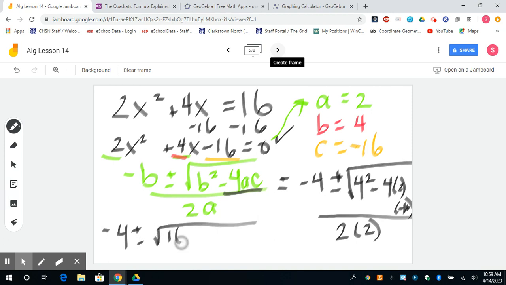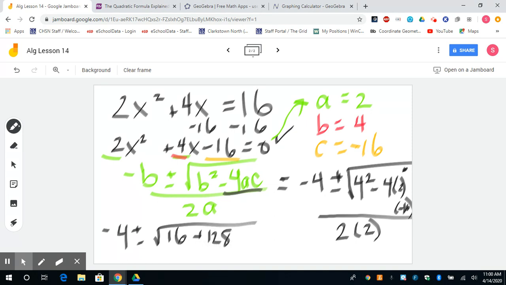So 4 squared is 16 minus 4 times 2 times -16. So I'm over here. So 4 times 2 is 8. 8 times -16 is -128, but we're subtracting it. So it's actually going to be +128.